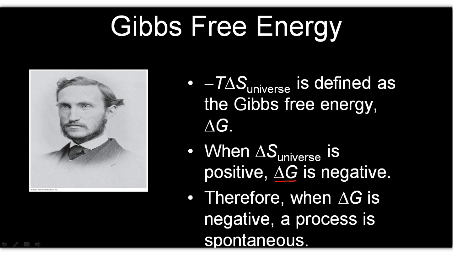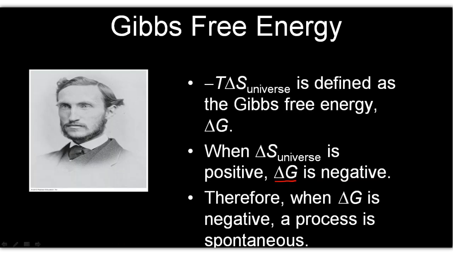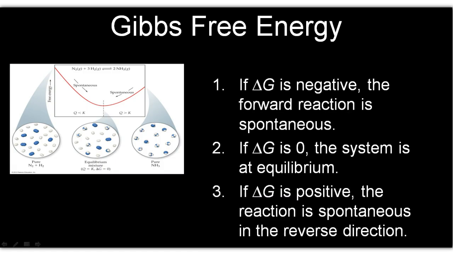That last term we saw on the previous slide, right here, we're going to change this term over to delta G. So we'll see that in the last equation here in a few moments. And delta G has really no life of its own. Its expression is just a comparison of the enthalpy and entropy value at some given temperature. And we can see how a reaction can be spontaneous in the picture here from either direction, from the products or the reactants.